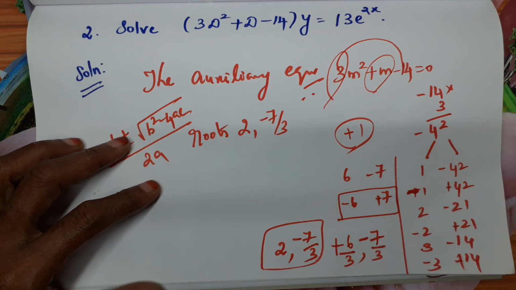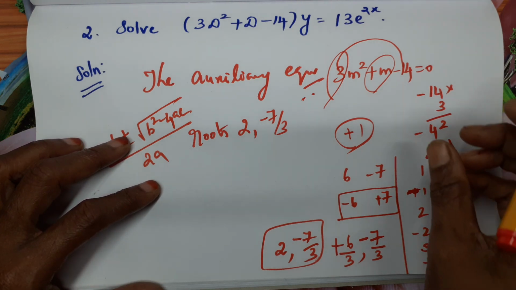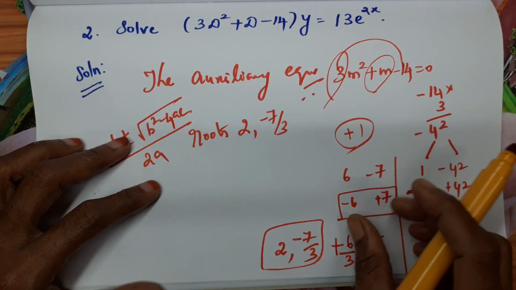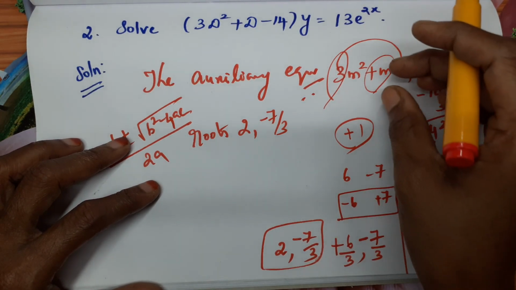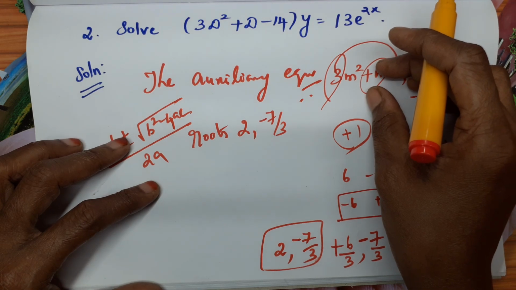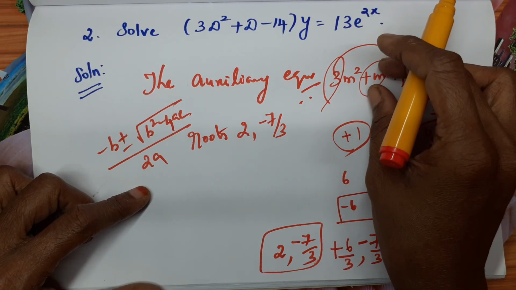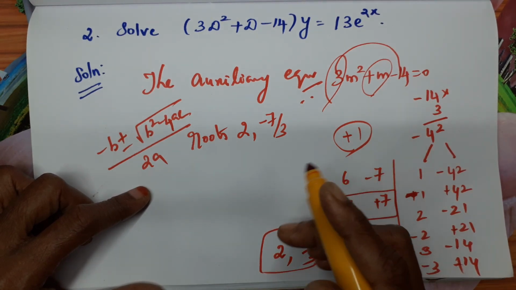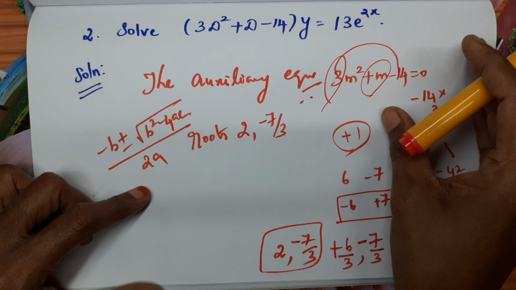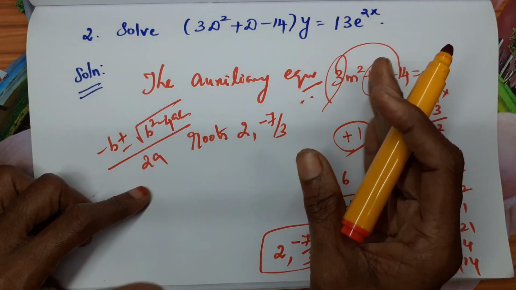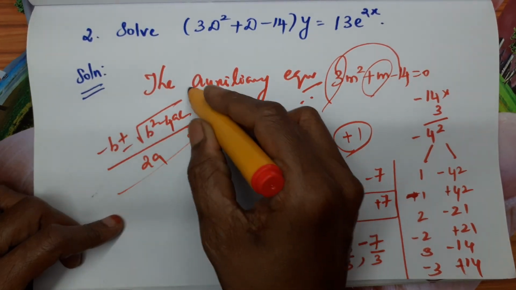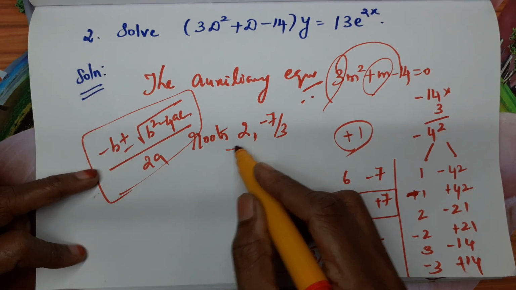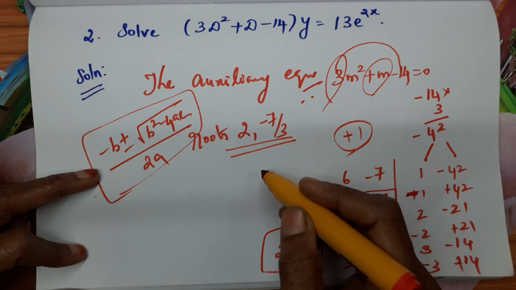It is applicable only when we are able to factorize, and if we are able to get the pair that gives the coefficient of m, then we can use this shortcut method. Otherwise we have to expand and factorize, or use the formula method. Is it clear?